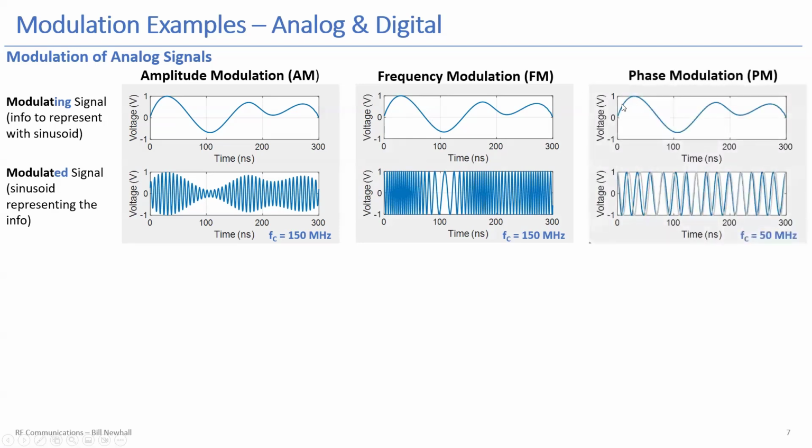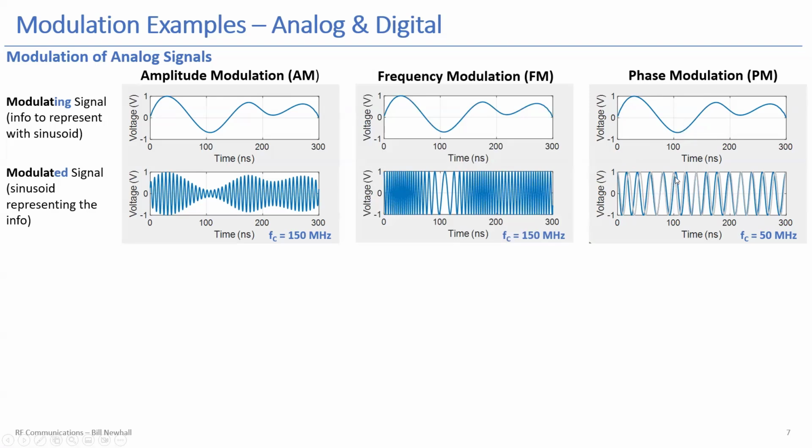For phase modulation, if you have the same waveform, this is what phase modulation would look like. What I'm doing here is showing, I think the gray is an unmodulated reference against which you can compare the blue. So the blue is the modulated signal, and you can see as the voltage goes high, the phase gets advanced a little bit.